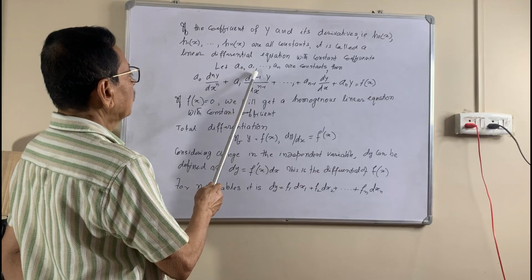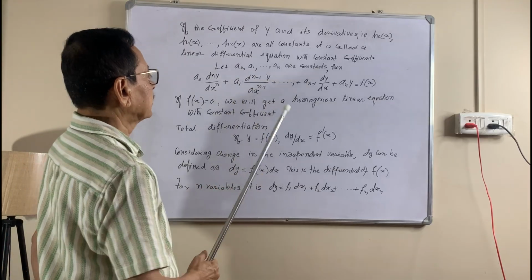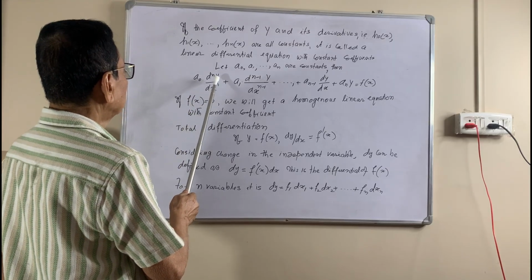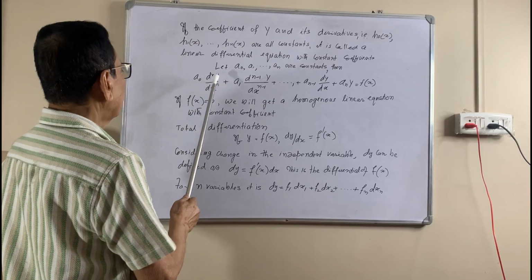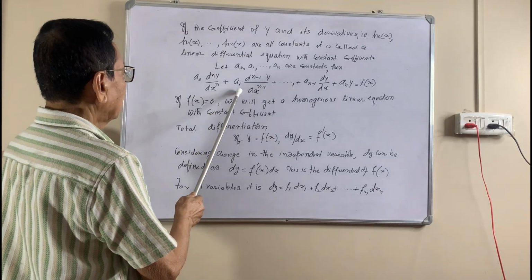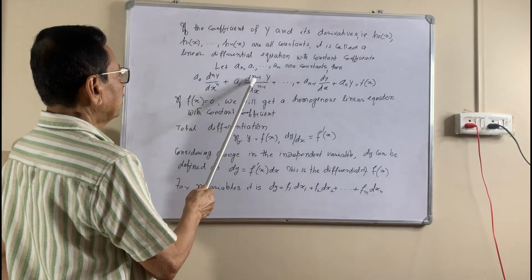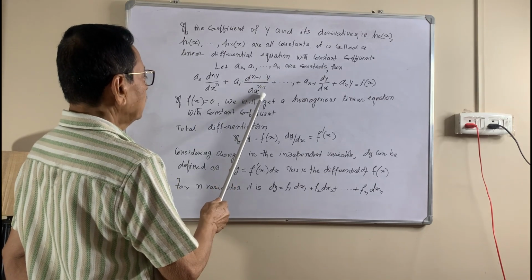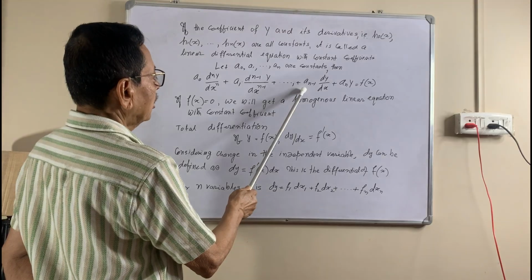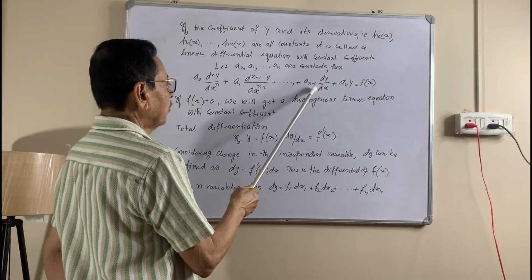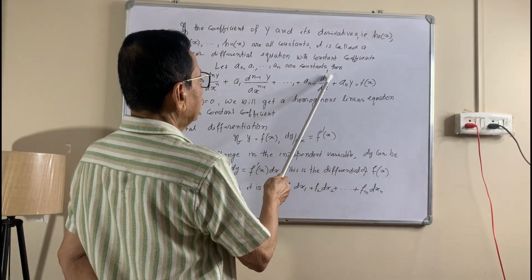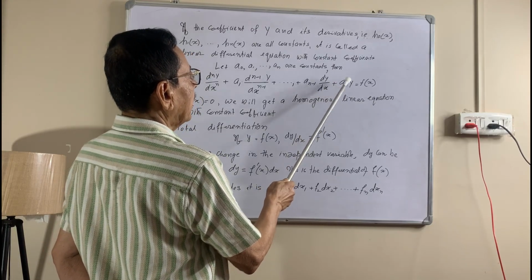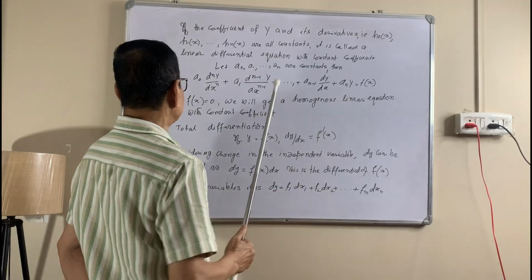Let a naught, a1, and so on up to an be constants. Then a naught d to the power n y by dx to the power n plus a1 d to the power n minus 1 y by dx to the power n minus 1 plus so on up to an minus 1 dy by dx plus an y is equal to f(x).